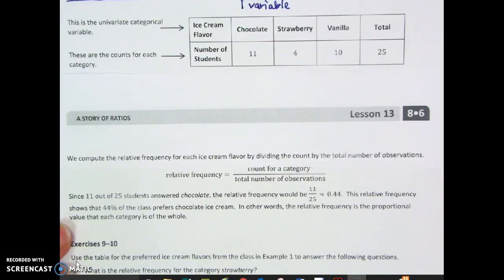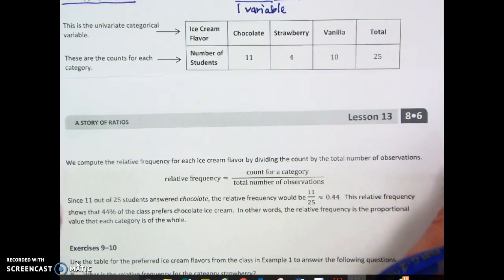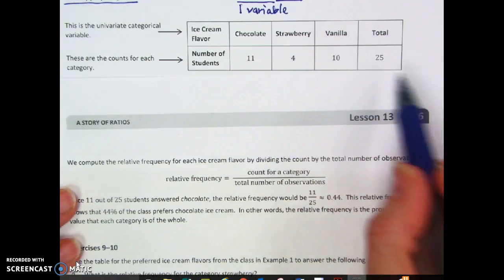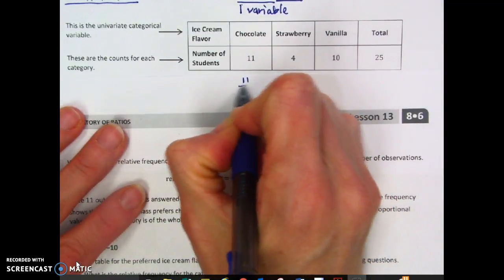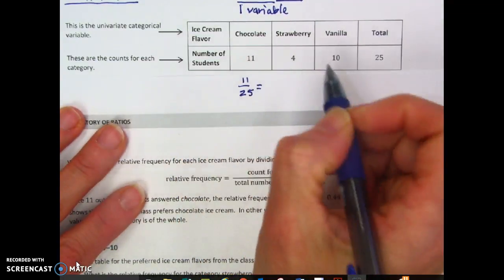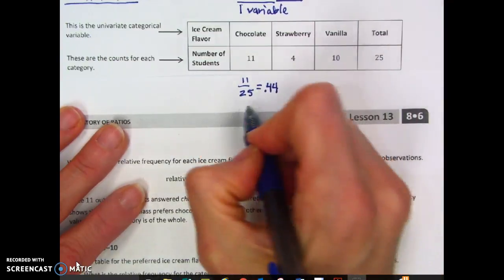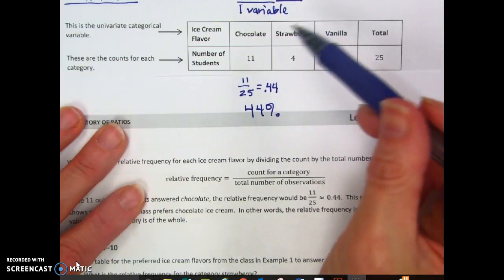When we compute relative frequency, we're going to take the count for that category and divide it by the total number of observations, the total number of people that were asked their favorite ice cream. So since 11 students out of 25 students chose chocolate, 11 out of 25, when you divide it, becomes the decimal 0.44, which is the percent, 44%.